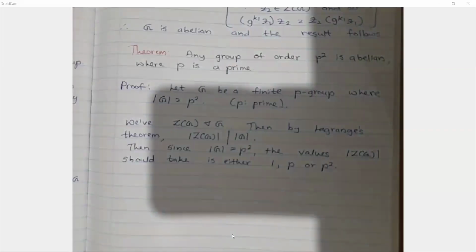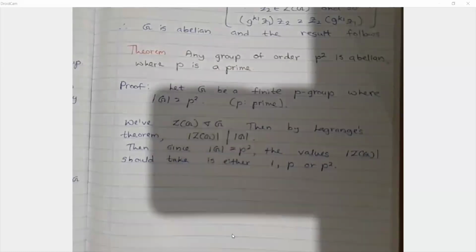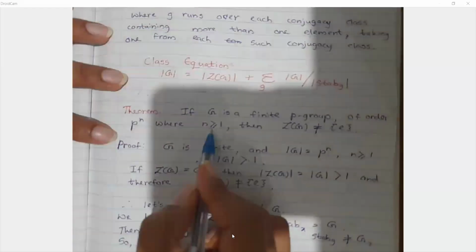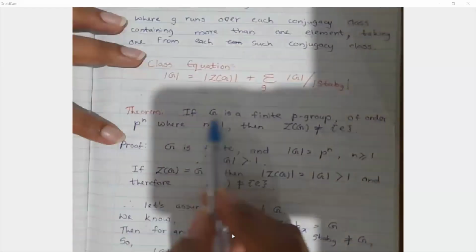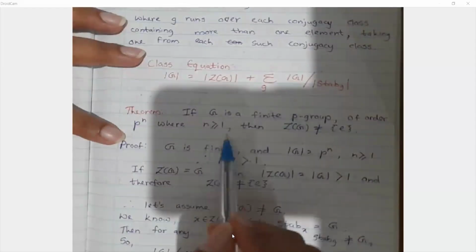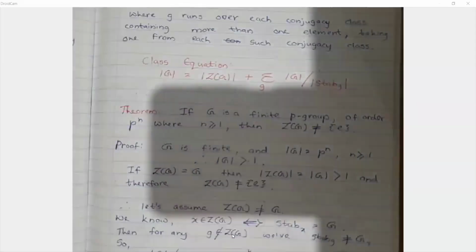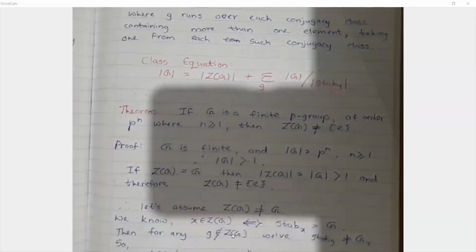Now, obviously, we can't have the order of Z of G to be 1. Why is that? If you look at the previous theorem, if G is a finite p group of order p^n where n is greater than or equal to 1, right now we have a p group of order p squared, so n in this case is equal to 2.